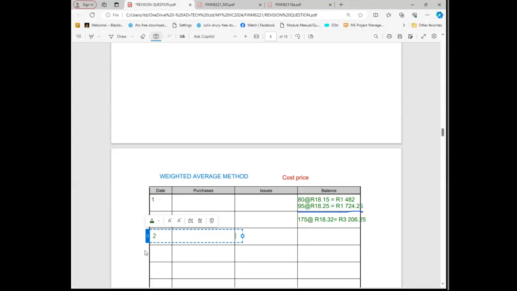So you say I issued 110. The price will be the average price, the last price that you calculated, meaning you're going to issue them at 18 rand 32 cents. That's why we had to calculate that price first. How much do we get? We get 2,015.20.